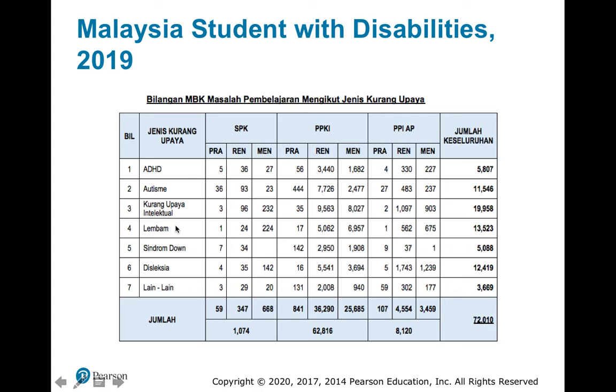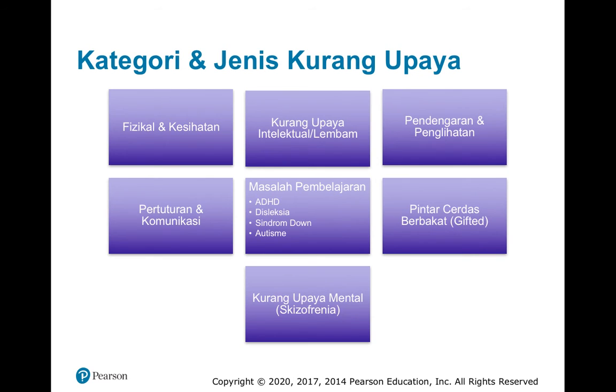Mungkin anda pernah dengar ataupun pernah baca tentang ADHD, autism, okay, lembam, sindrom Down atau disleksia. Sebenarnya banyak lagi okay, yang menyebabkan mereka bermasalah untuk pembelajaran. Jadi kita kena bantu dia. So disebabkan ini, kita lihat ada beberapa yang saya kategorikan kat sini, iaitu kategori fizikal, masalah fizikal dan kesihatan.